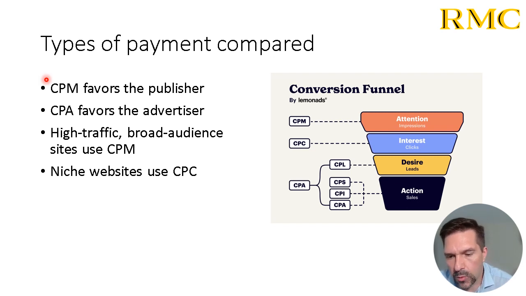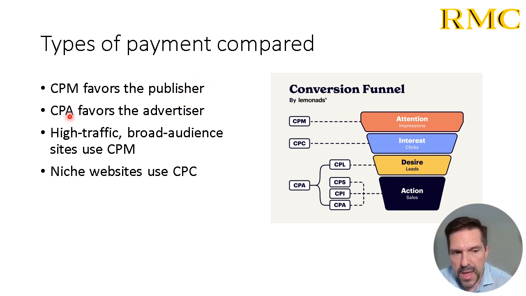That means the ad network that is offering the advertising opportunity or space. Okay, why? Because you're going to pay regardless of whether people do something with the ad or not. So it's solely based on impressions. Further in this, even more, will be some sort of fixed rate where regardless of even the impressions, you pay a certain amount. So fixed rates and CPM and VCPM, they essentially favor the publisher.